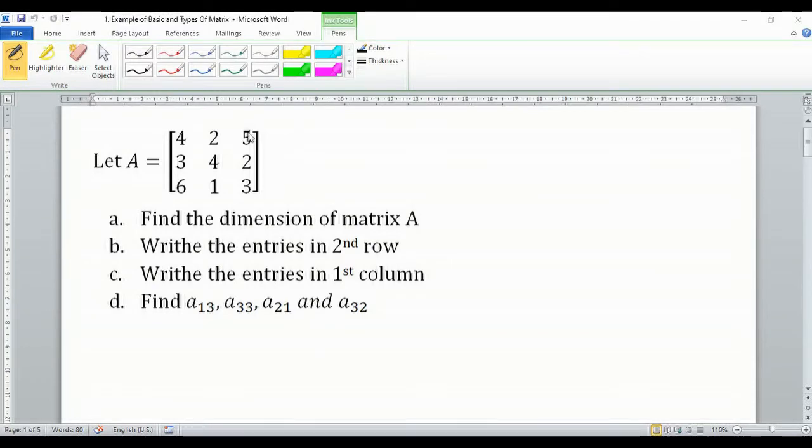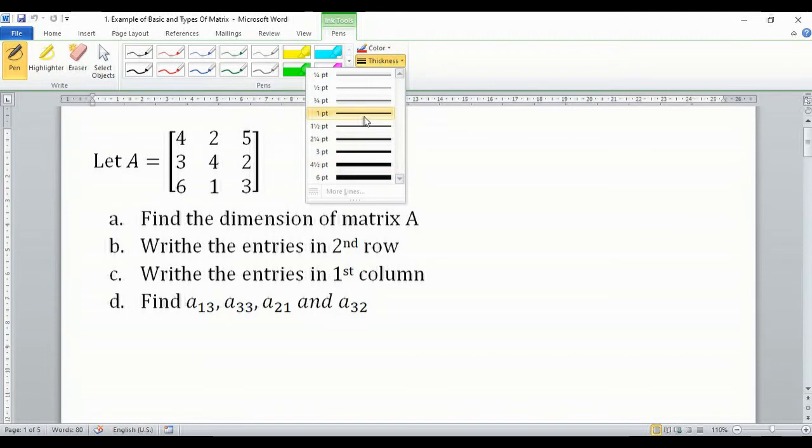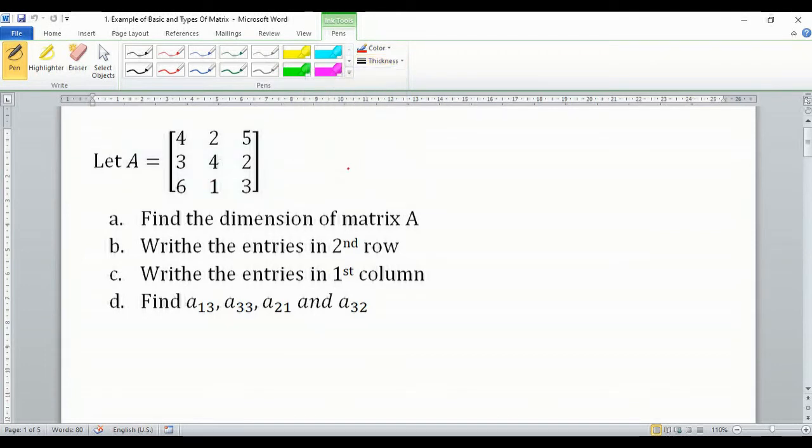Example 1. Let A be a matrix with the elements 4, 2, 5, 3, 4, 2, 6, 1, 3. You need to find the dimension or order of matrix A. From here we can see how many rows they have. This is the first row, second row, and then third row.